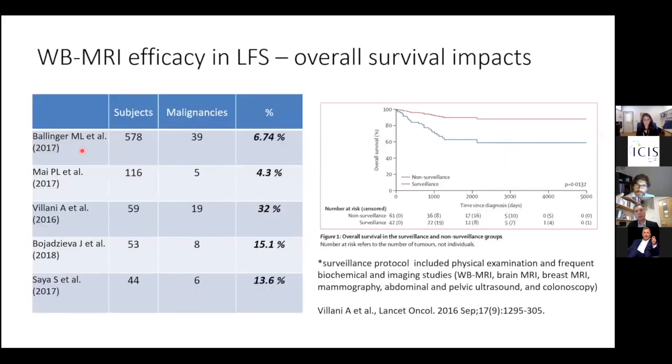And there have been several experiences published in the literature using whole body MRI for cancer screening in this particular population. The most relevant publication, back in 2016 in The Lancet, shows clearly that those people who were followed up with annual whole body MRI for cancer screening, represented by the red line, as you can see here, after roughly 10 years, almost 90% of them were still alive, while people who refused any type of screening, represented by the blue survival curve, after 10 years, only 60% of them were still alive.